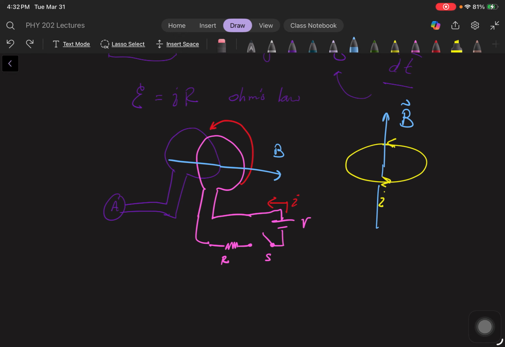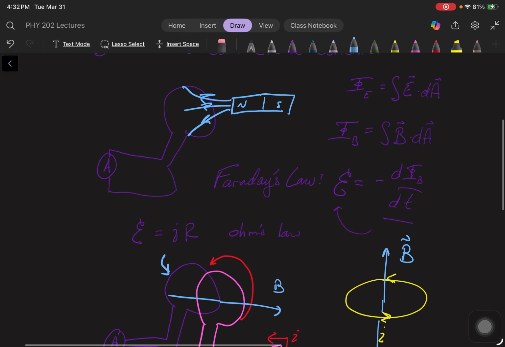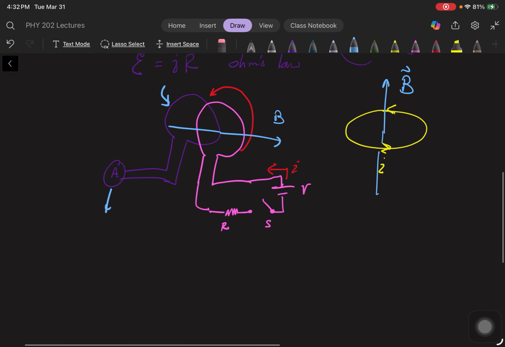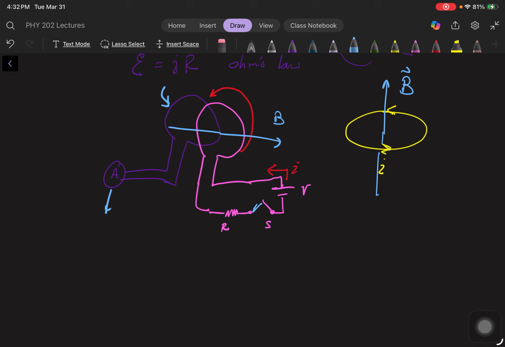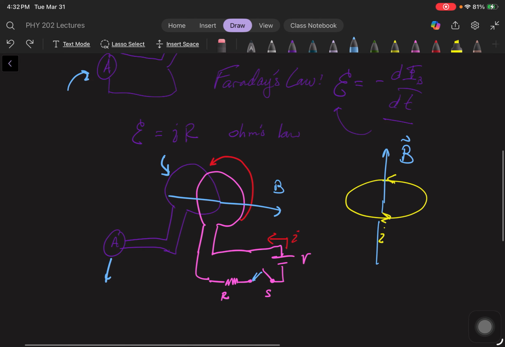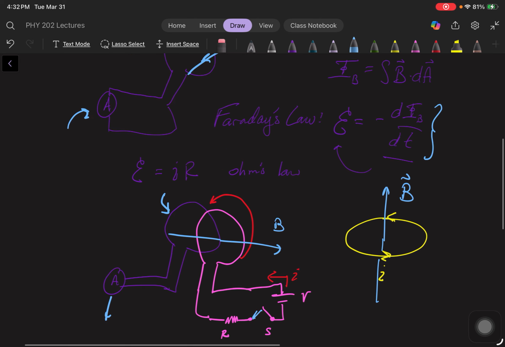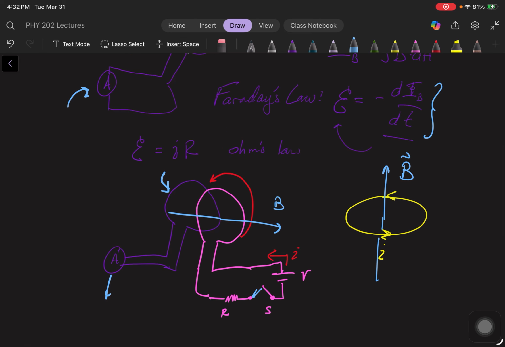Once we close the switch, the current flows through and we generate this magnetic field. This magnetic field changes the flux through this loop, which then generates a current. Just like moving this magnet back and forth would generate a current that we could measure on an ammeter, here, by flipping a switch up and down, we can also generate a current in a separate loop of wire. The whole idea is that we are changing the magnetic flux through that loop, and so we generate a potential that goes around that loop.